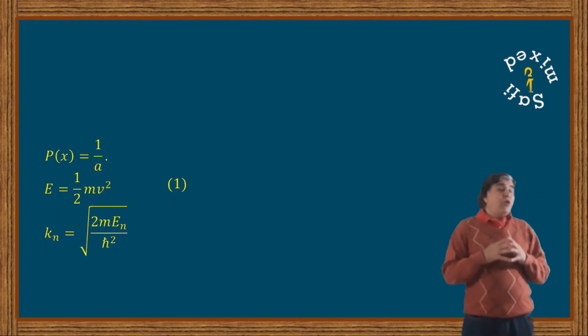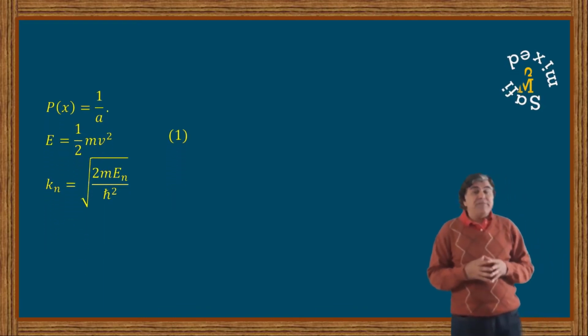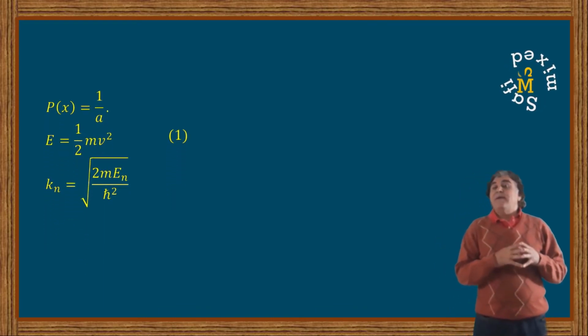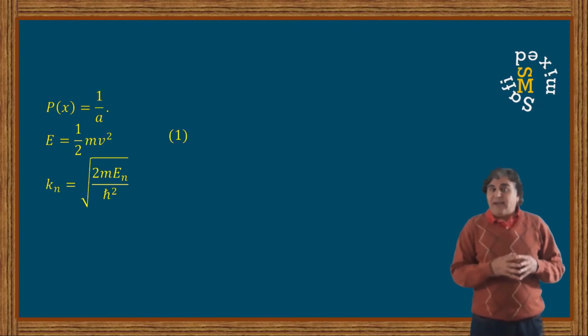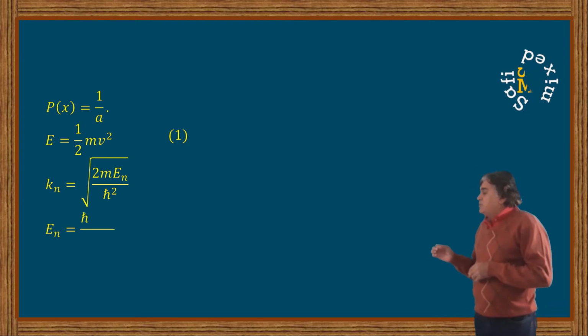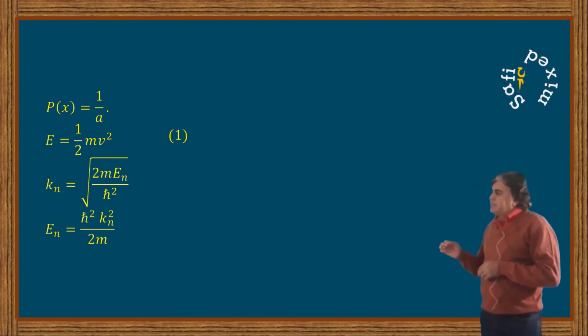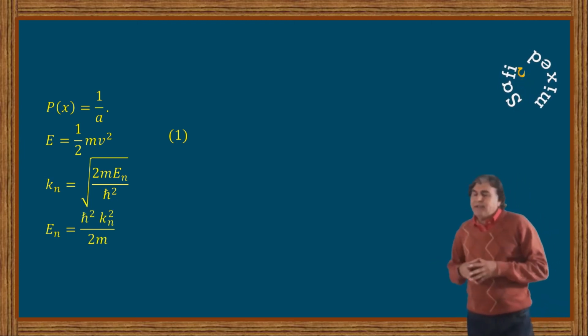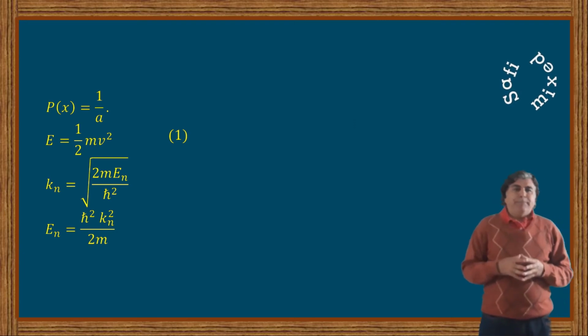And if I solve this equation for energy for different quantum numbers, I can write E sub n equals h bar squared times k sub n squared divided by 2 times m.